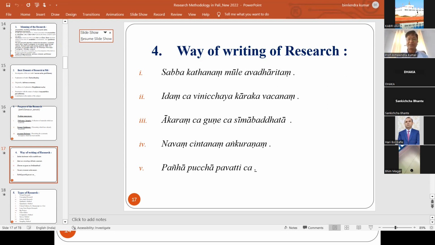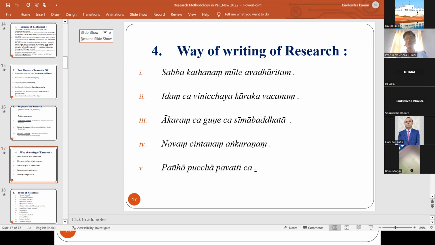Then the fourth aspect of the writing of research is navam chintanam apurnam, that there must be a rising of new thoughts also. New thoughts means new ideas or new invention.